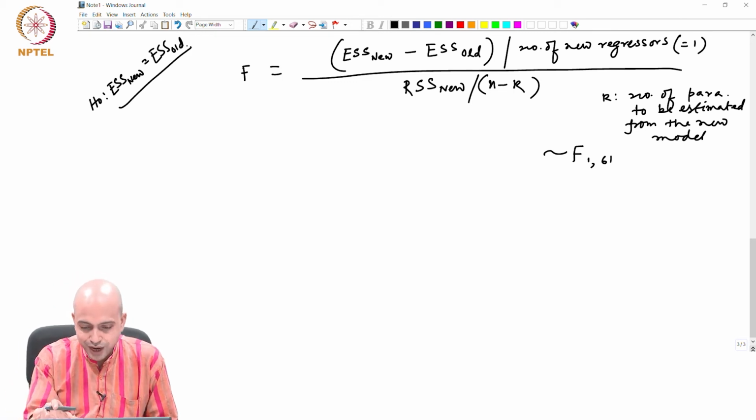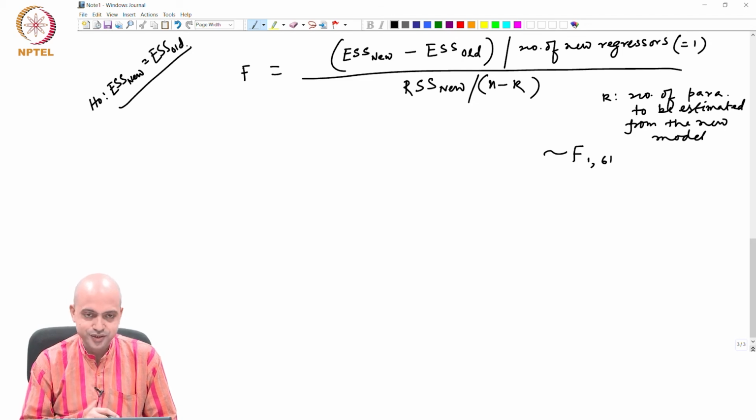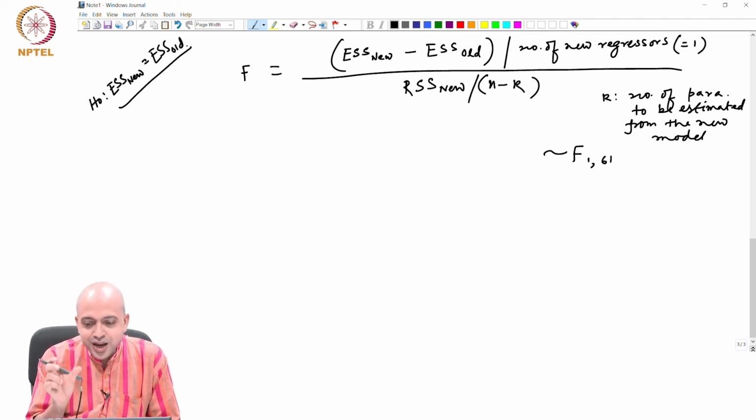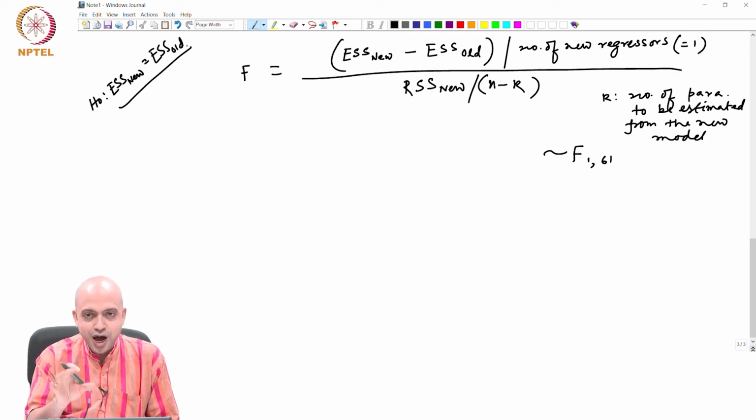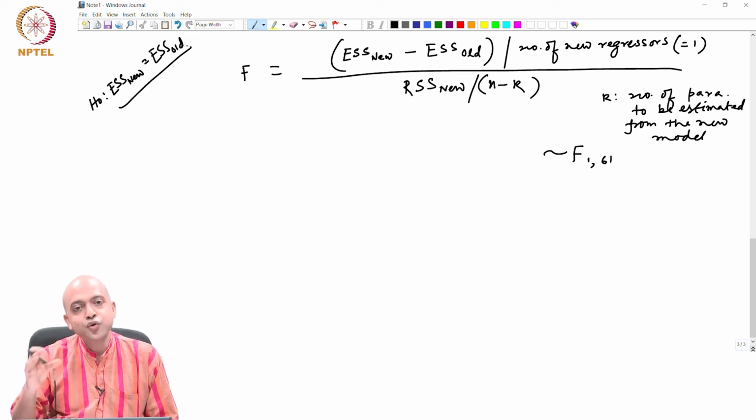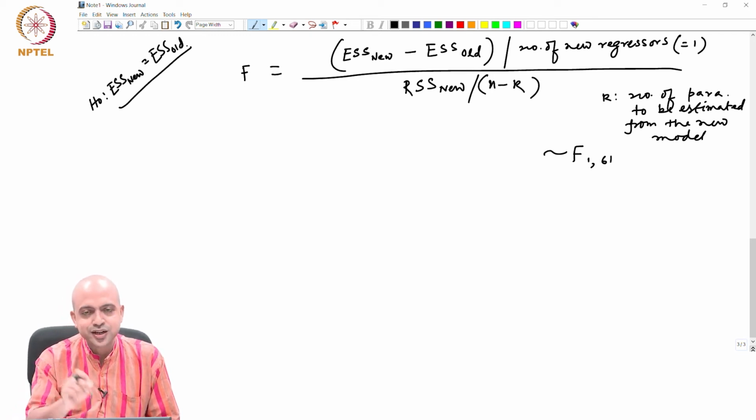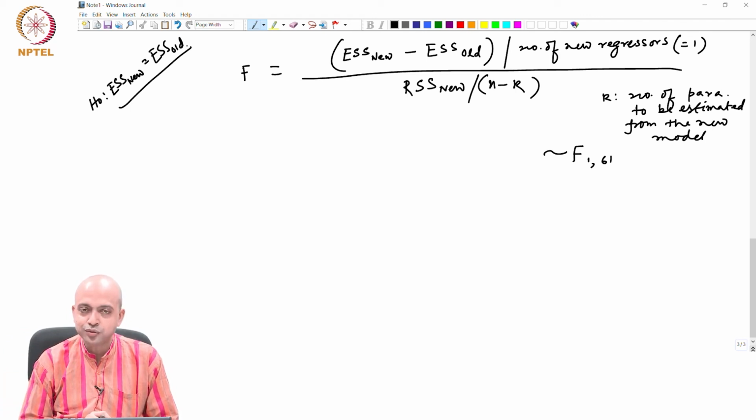Look at the way we have constructed the test statistic: it is based on the difference between ESS new and ESS old. So the higher the difference, the higher the value of F, and the higher the calculated F, the higher the probability that it is greater than the tabulated value.